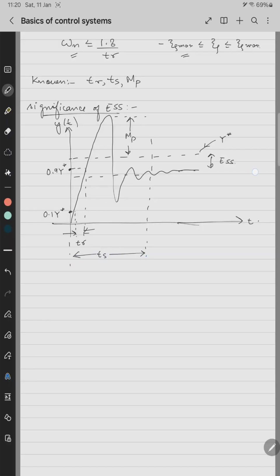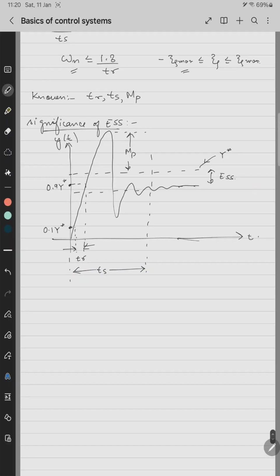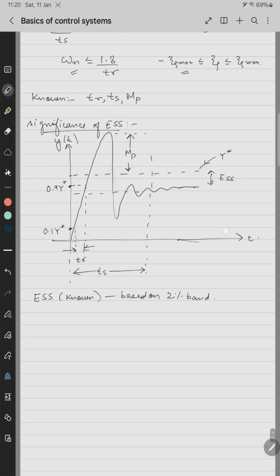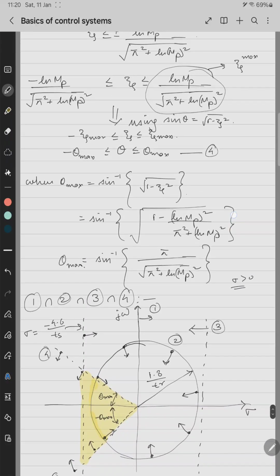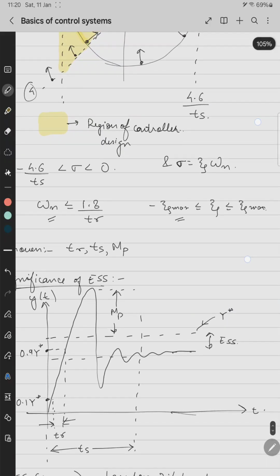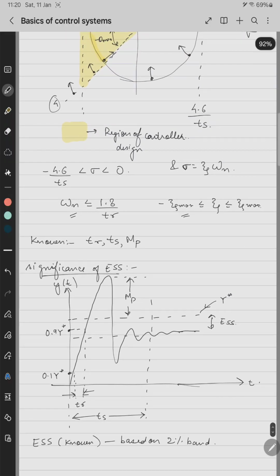So basically this will be the case of the P controller for a second order system. There will be some steady state error. Now we know what ESS is. ESS is known, which is based on the 2% band. So using the expression of ESS we can find Kp, because in all the expressions here what we have to find is Kp. We'll solve this and we'll get zeta.